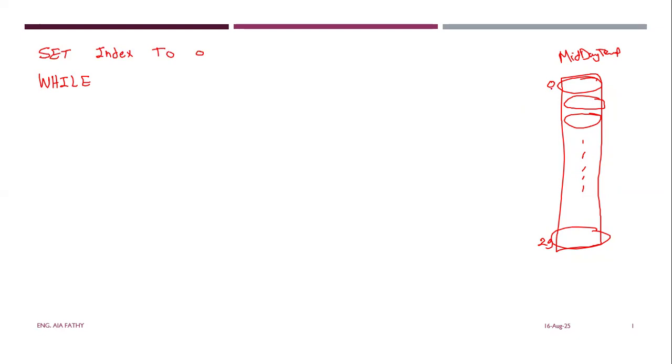Okay, so we will start our index with 0, and while index less than 30, you will do. So you will get the condition which is run loop, index less than 30, because we start with 0 and go to 29. Okay, and at the end, don't forget to add end while.